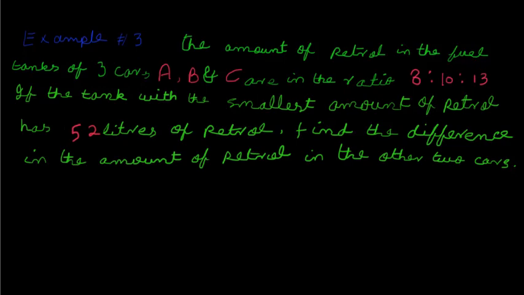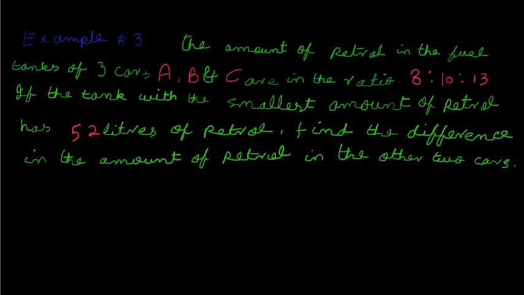First we're going to follow the method known as the unitary method. Let's get started. Here we can see that we have three cars, A, B, C, and they have petrol in this ratio.